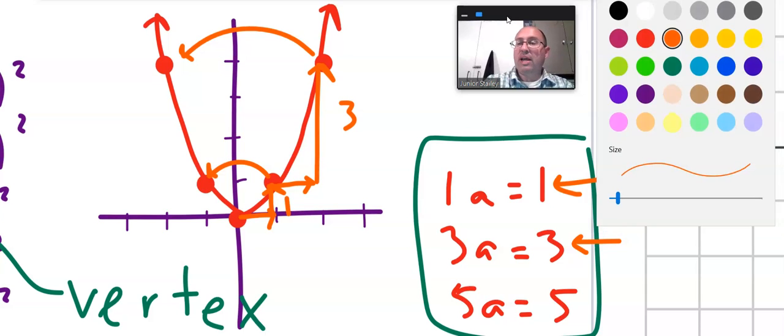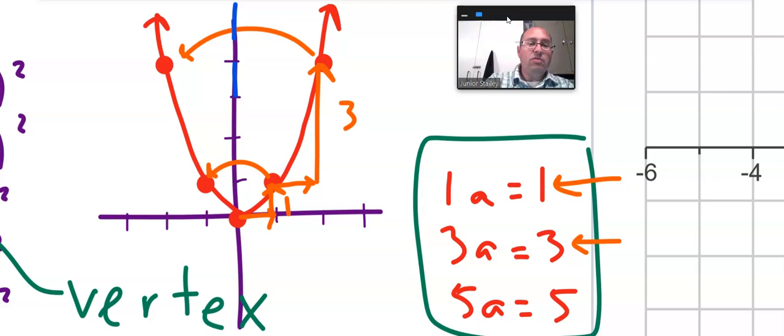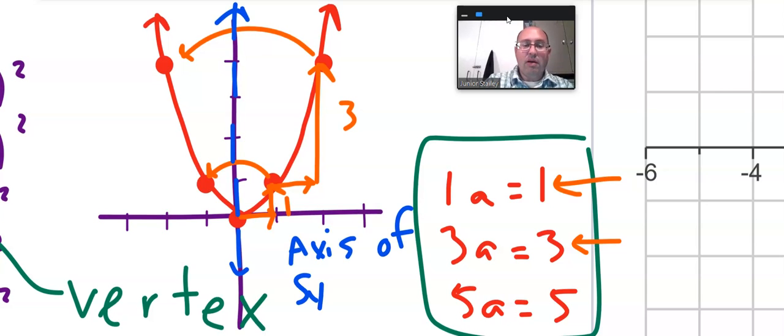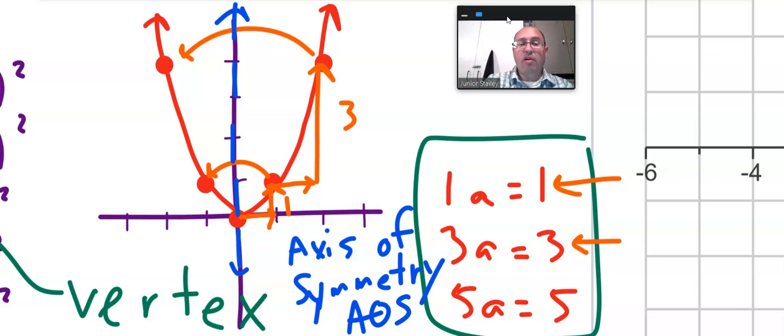Now the middle actually has a name. The line that goes down the middle is called the axis of symmetry. You'll always see me abbreviate that with AOS. Now, remember, it's a vertical line.